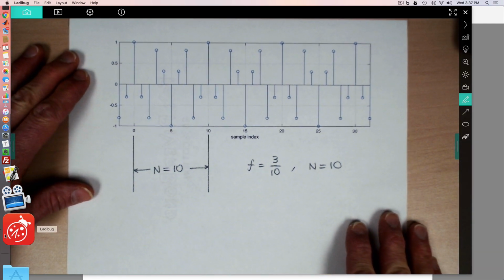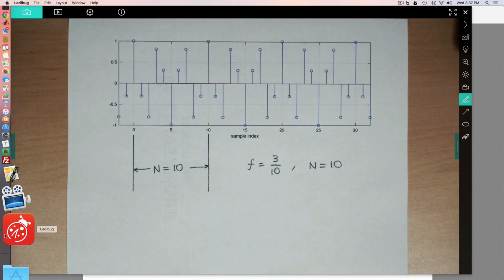Let's look at another example. Here is the real part of a complex exponential. The frequency is 3/10. That's a ratio of two integers, so it's a rational number, and so this function is periodic. And the period is the denominator of the ratio.